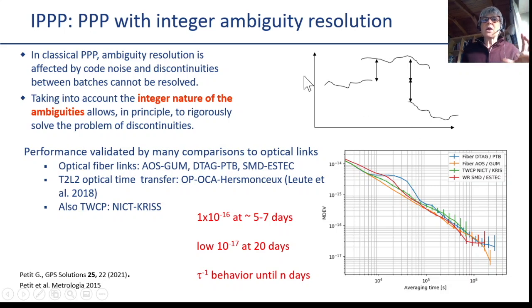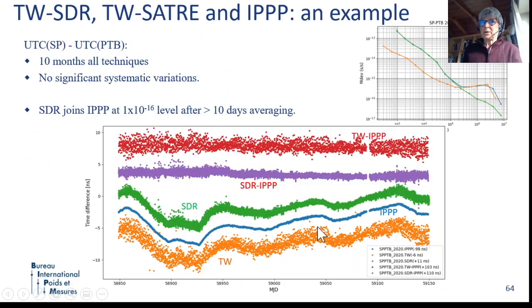So this is why we have integer precise point positioning, which has now been tested with respect to the most precise time transfer, and we see that we can reach 10 to the minus 17 at 20 days or 1 month of observation time. So this is getting better, still not enough to measure the optical standards, but progressing.